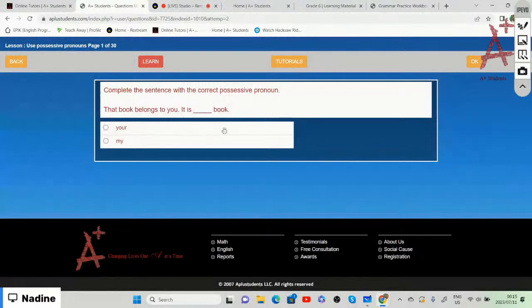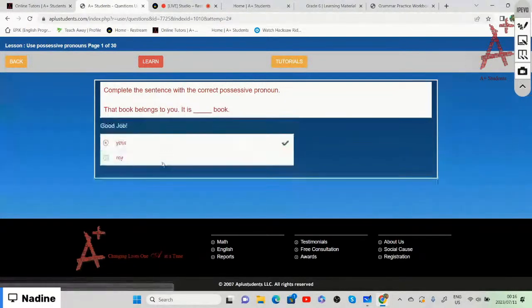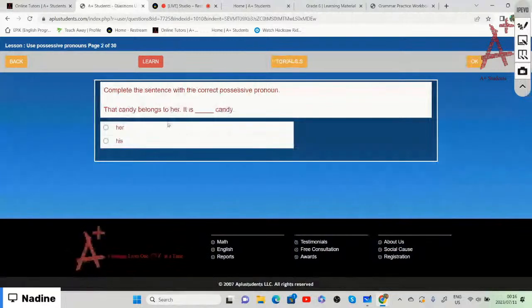We need to choose the correct possessive pronoun. It is your book if it belongs to you, or is it my book? We're going to choose your. So if you chose your, then that is correct.